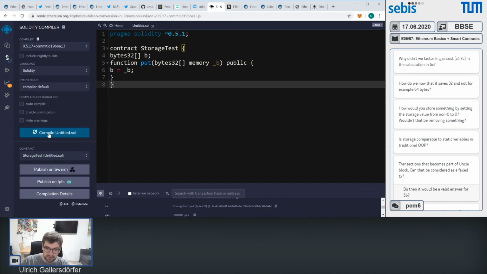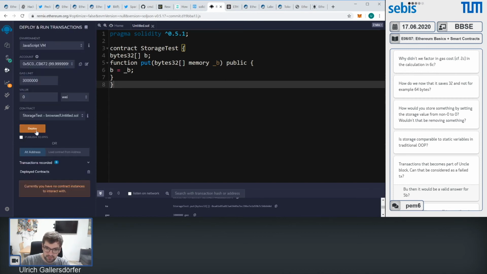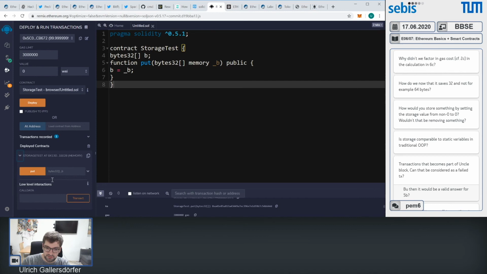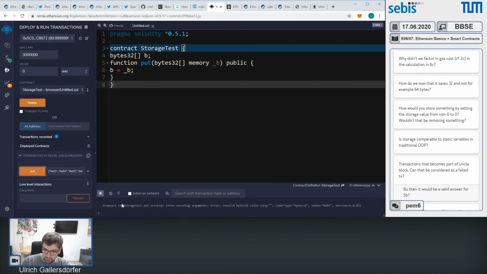So we first compile it, and then we can deploy it. And then we see this contract here. And now we want to put in some byte array. And the issue is if we just do what I told you in the exercise, to copy it and say put, then we get a transact to storage error: error encoding arguments, error invalid to value. And then you can Google that.